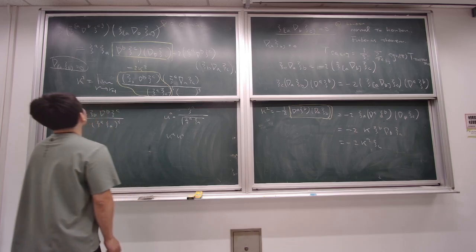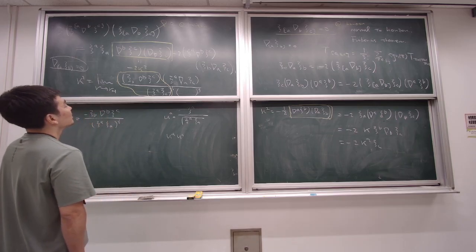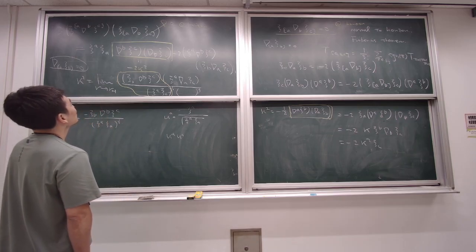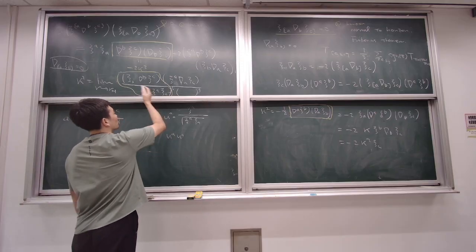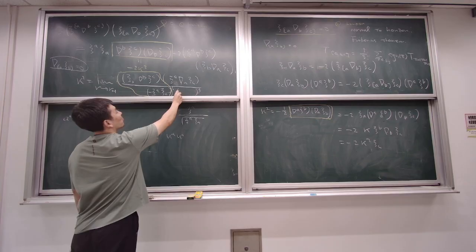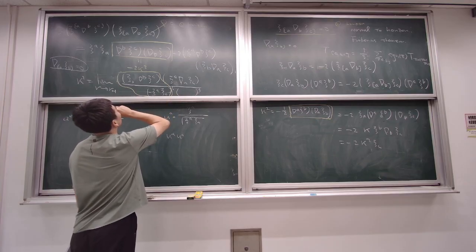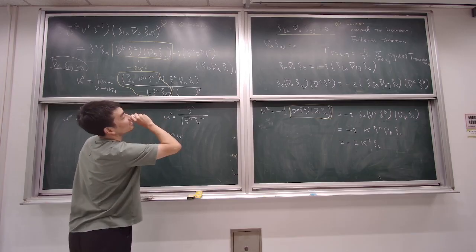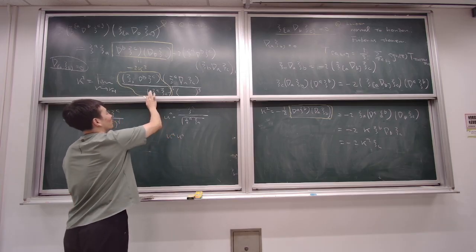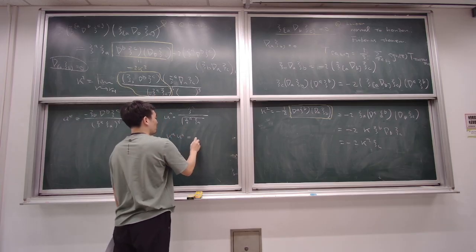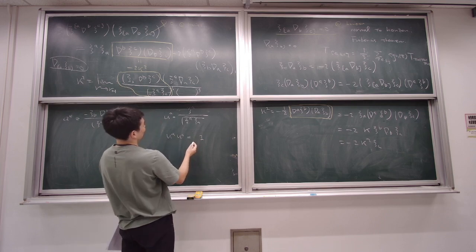It seems like I need a minus sign somehow. Somehow I made a mistake in sign. I don't know where, to be honest. Can anybody detect that? Okay, up to sign, this is equal to 1 or minus 1.